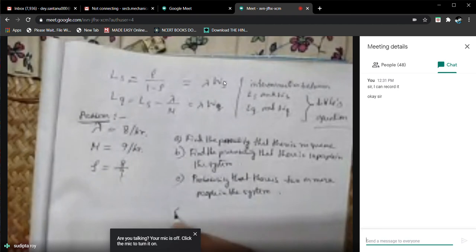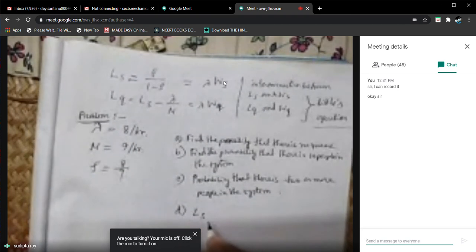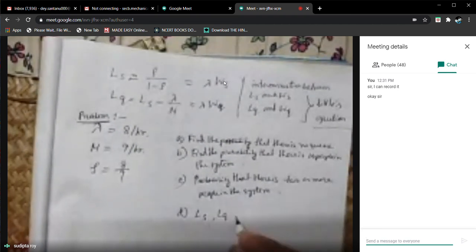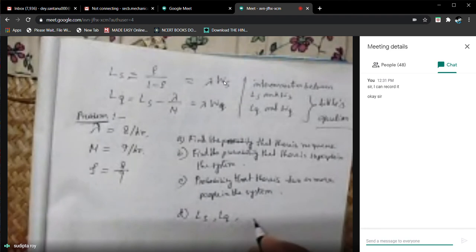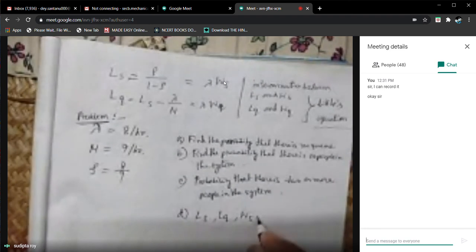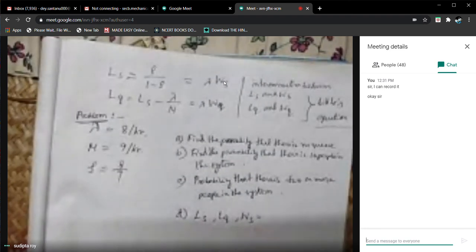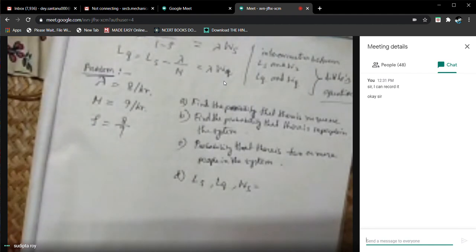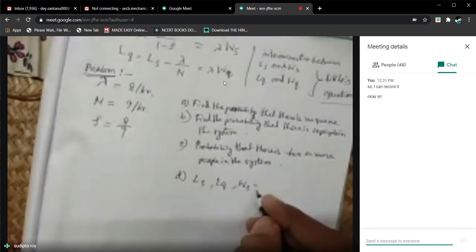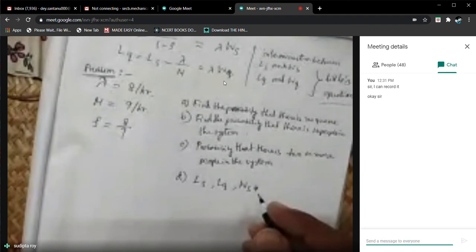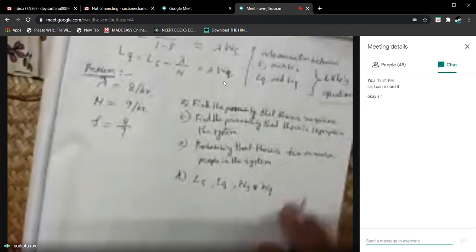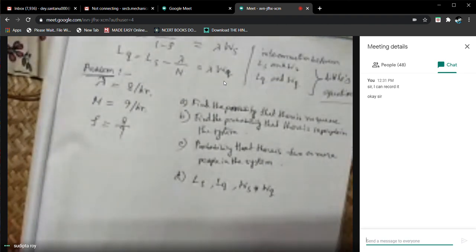Also find the total number of people in the system, the total number of people in line, in queue, the expected time to be spent in the system, and the expected time to be spent in the queue.